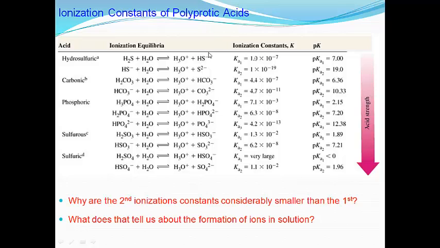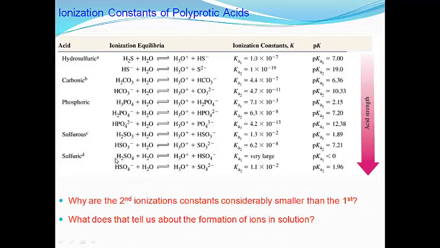This HS-, which is a conjugate base, now acts as an acid to donate its proton to H2O in a second ionization step to give us H3O+ and S2-. The corresponding ionization constant is several orders of magnitude smaller than the first ionization, and the pKa is several times larger than pKa1.